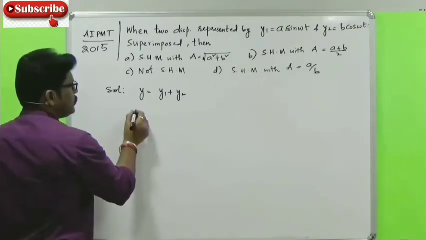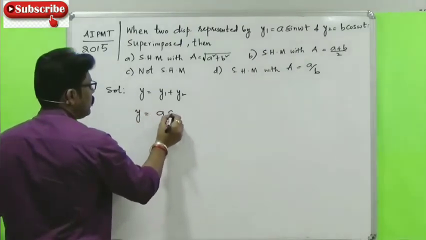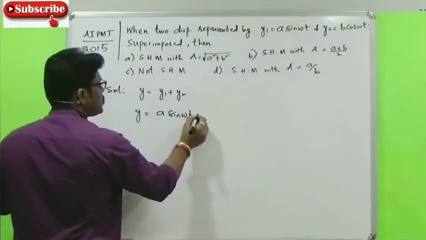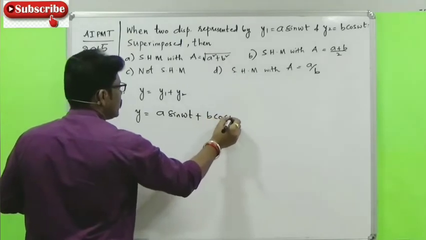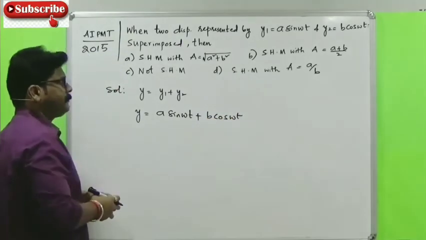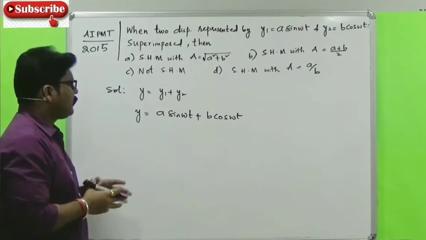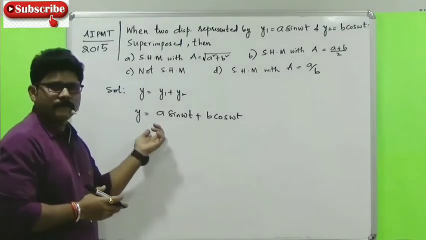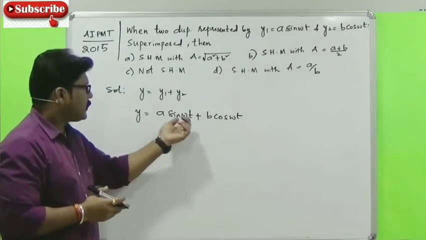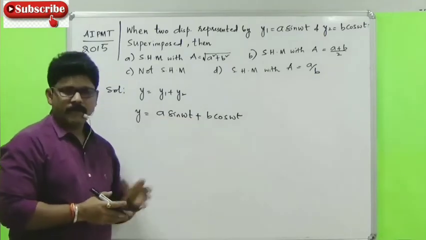Now y equals a sin omega t plus b cos omega t. Right. Now here after superposition, this is the equation: y equals a sin omega t plus b cos omega t.